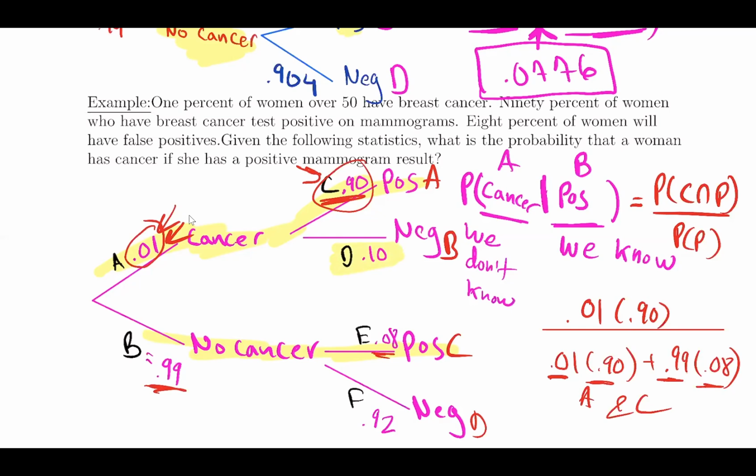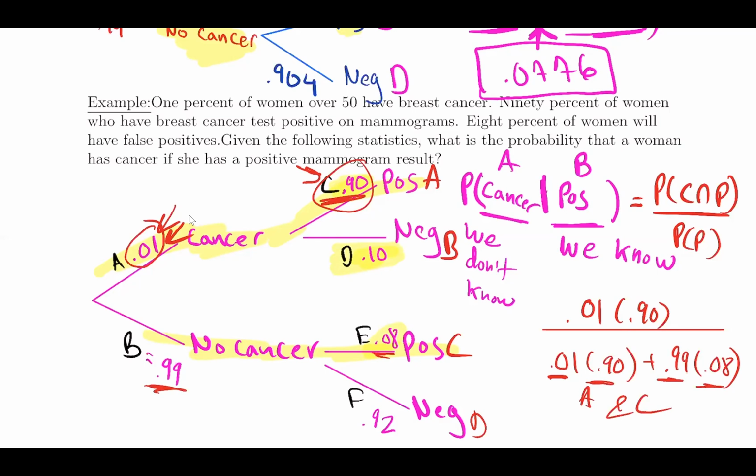But the 0.80, there's no 0.80. I think you're talking about 0.08. The 0.08 comes from over here. Well, the 0.10 and the 0.90 have to make up 1. So if you do 0.9 plus 0.10, it's 100%.